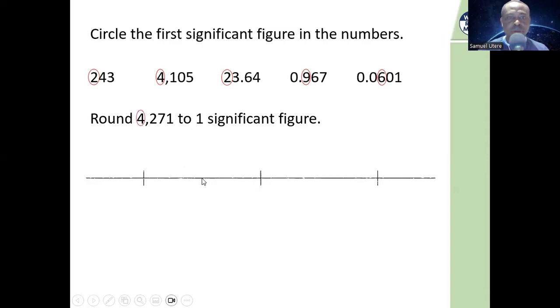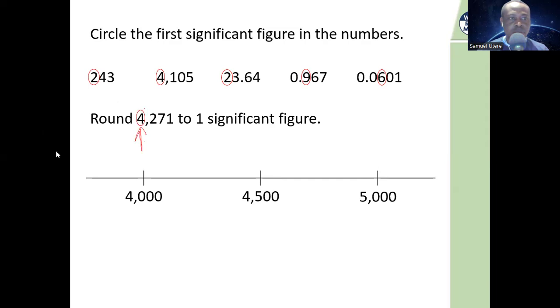So this number will round to 4,000. And this is the number line approach we could use. Or we could use this approach: I'm interested in this, because this is my first significant figure, so let me look at what's next to it to see.